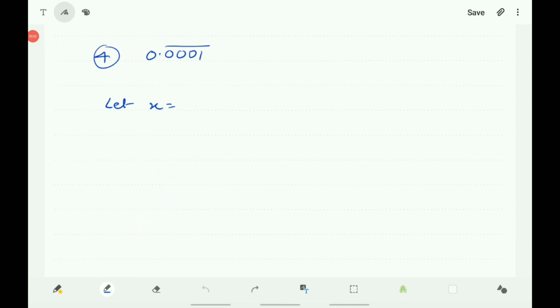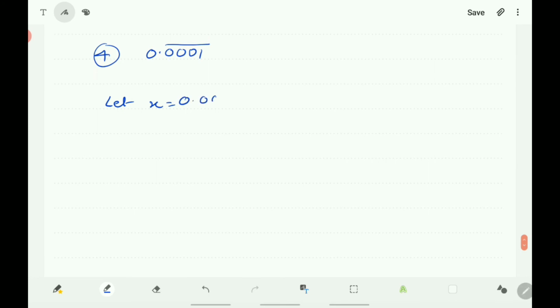Now let us convert 0.0001 where 4 digits are recurring to the P by Q form. Let x be equal to 0.0001, where 4 digits are recurring.